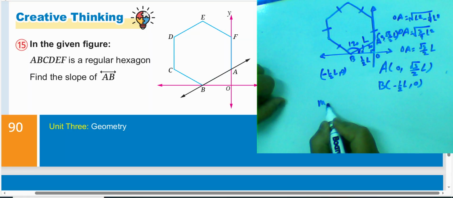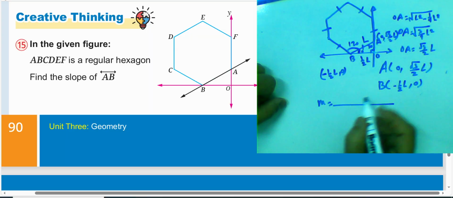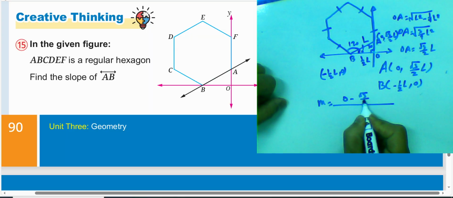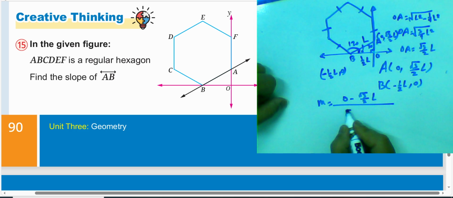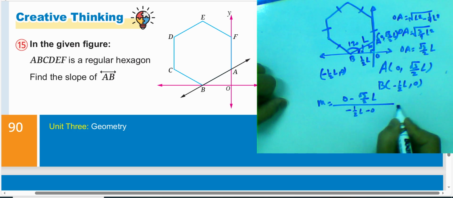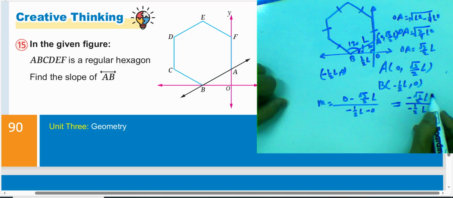We can find the slope: y2 minus y1, 0 minus root 3 over 2 L, over negative half L minus 0. Right? Negative root 3 over 2 L over negative half L, cancel L by L, negative by negative, and half by half.